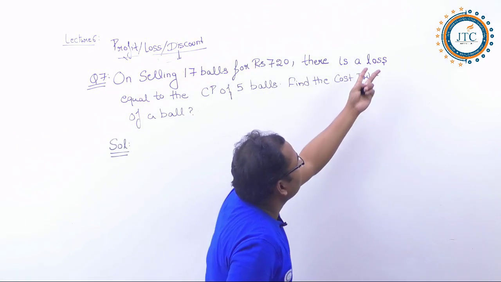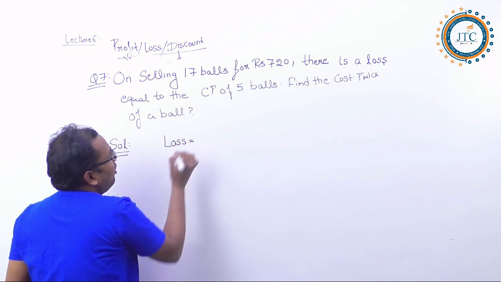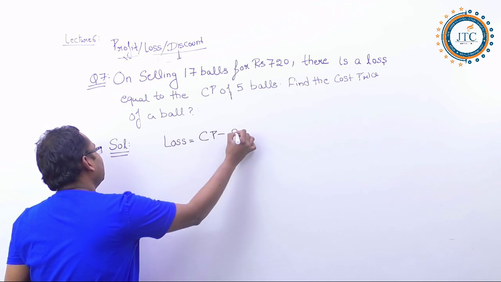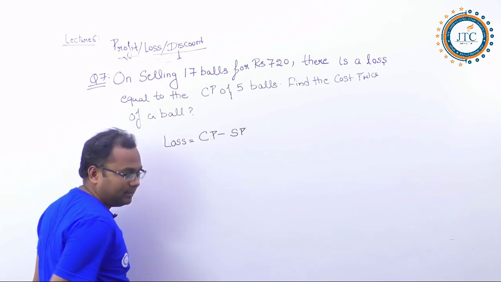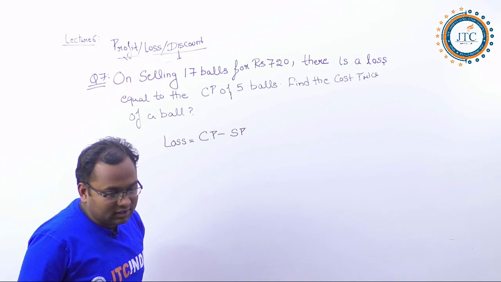First of all, we are given loss, so directly write it here. Loss is equal to total cost price minus total selling price. Basically, loss is equal to total cost price minus total selling price.